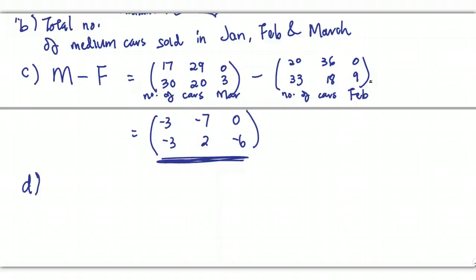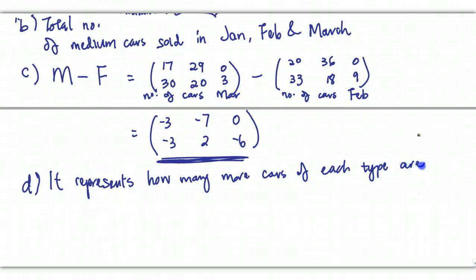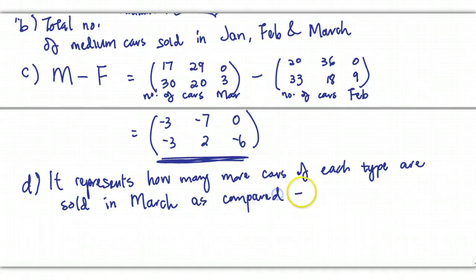So you can explain M minus F as representing how many more cars of each type are sold in March as compared to, of course, F represents February, so as compared to Feb.